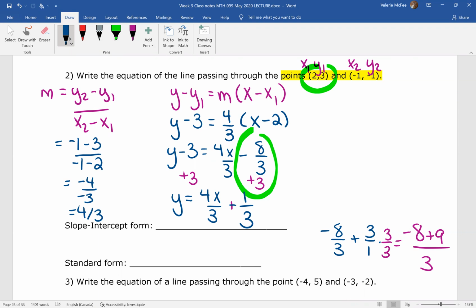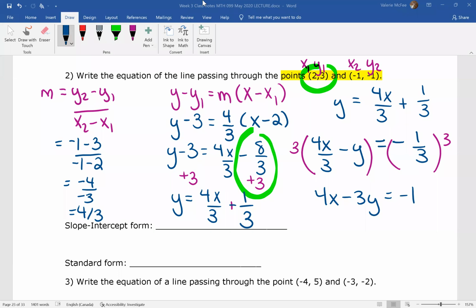Y equals. What about standard form? X and Y have to be on the same side of the equation. Pause your video and give that a try. We want X and Y on the same side of the equation.